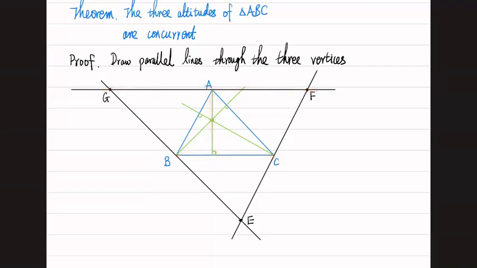Okay, this will also be perpendicular. What about this one? It's perpendicular to AC. What about this? It's also perpendicular to EG. Another perpendicular, because the lines are parallel. Because it's perpendicular to the parallel one, it's perpendicular to this one.